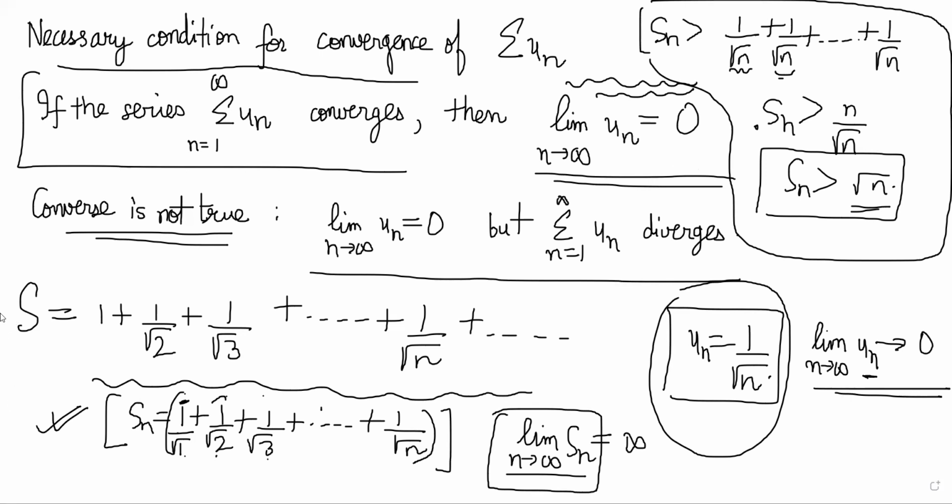This also means that if limit n tends to infinity, u_n is not equal to 0, what can you say about the infinite series?